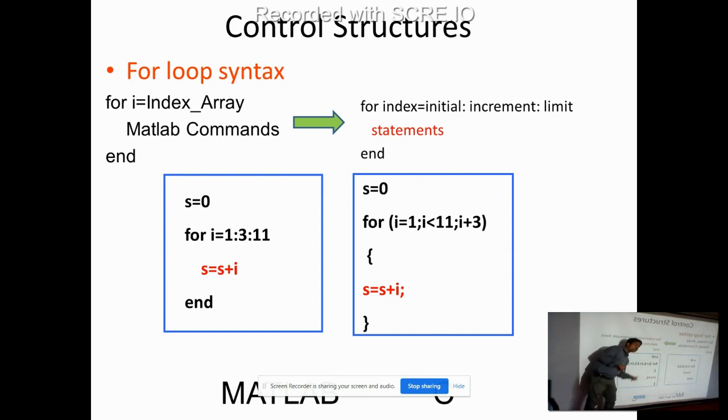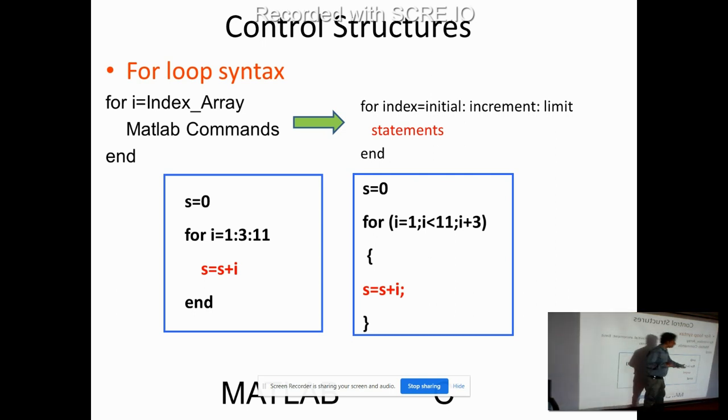Again it will execute the statements, and then again I plus 3, that means 7. 7 less than 11, again true, it will execute the statements, and then I is incremented by 3 again, that means 10. 10 less than 11, true, executed. Again I is incremented by 3, becomes 13, fail, so it comes out of the loop. That's the meaning here.